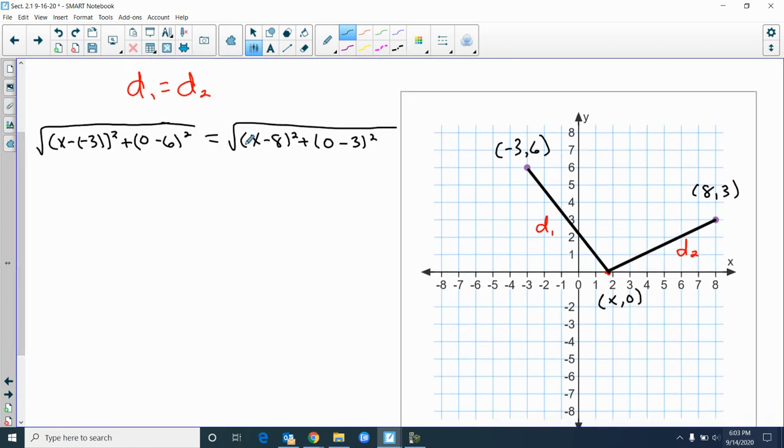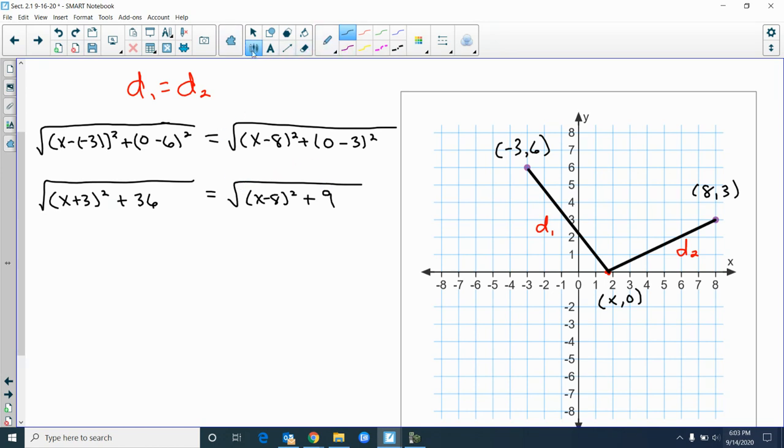Well, let me simplify just a little bit, and then we'll get rid of the radical. Make this look a little bit nicer. That's going to be x plus 3 squared. That's going to be a -6 squared, so it's going to be plus 36. And then this is going to be x minus 8 quantity squared, and that's going to be a -3 squared, which is plus 9.